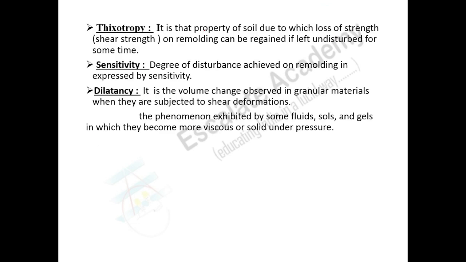Thixotropy is that property of soil due to which loss of strength, that is shear strength, on remolding can be regained if left undisturbed for some period of time. This is known as thixotropy.